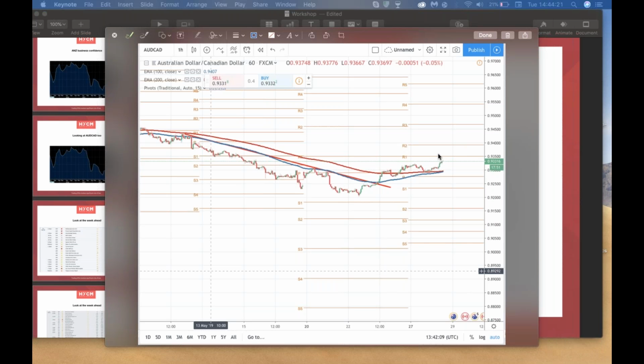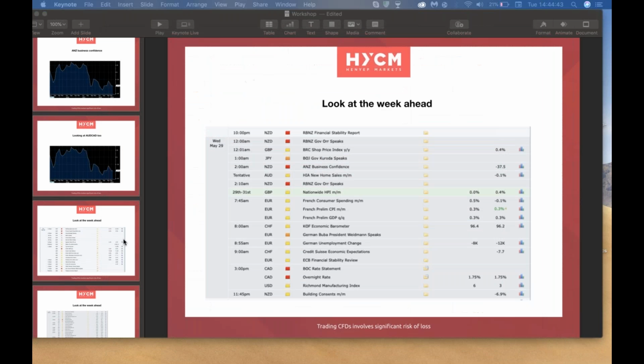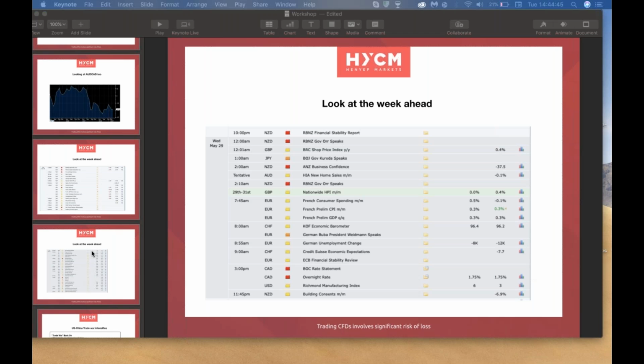Then I'm trying to play down back to this level and either bring my trade to break even at the Bank of Canada rate statement for tomorrow, or just take profit before the rate statement. So that's something that I'm looking at there. It's the diverging outlooks that are really interesting me. Okay, so that's the Wednesday.